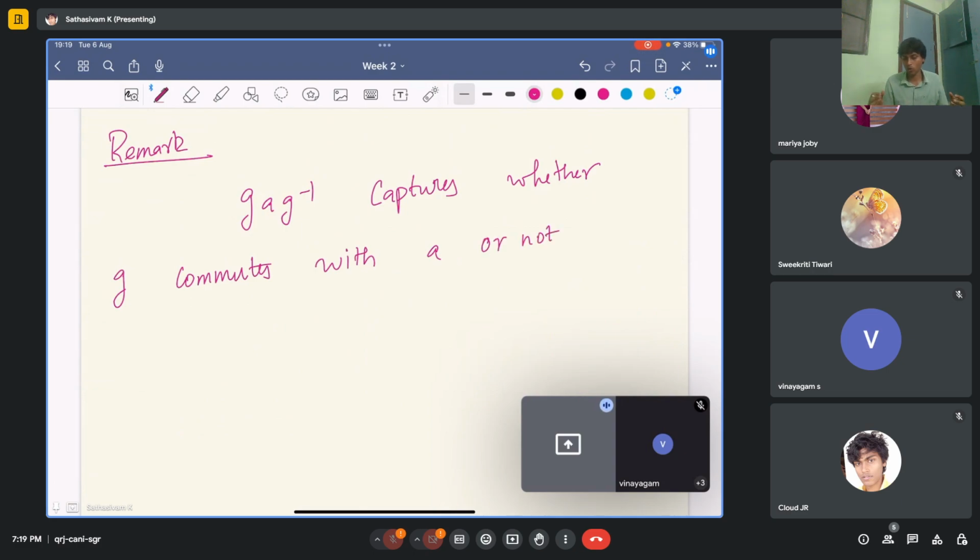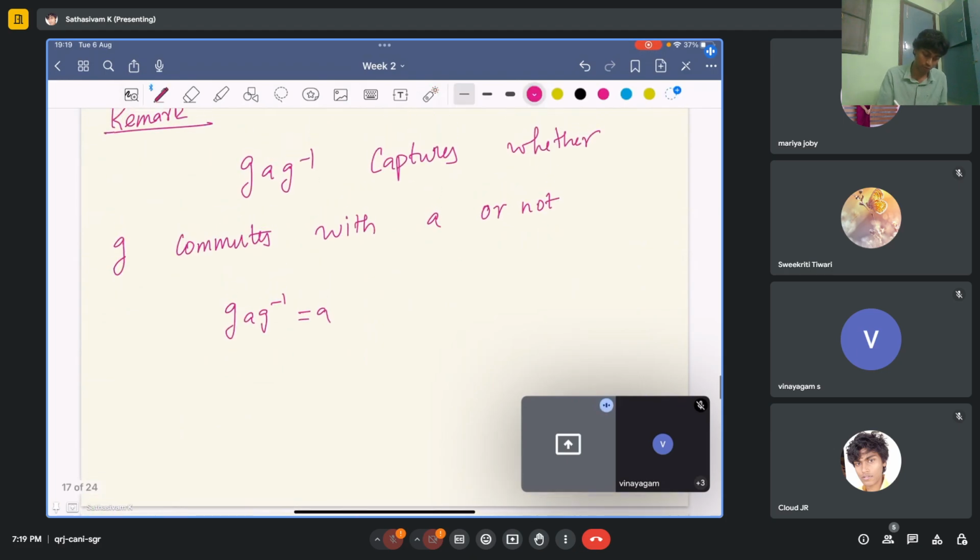So if you have a group in which every element commutes, then those groups are actually nice groups, because those groups you can easily study and you know how the groups look. But when two elements do not commute, that creates so many problems. And this particular element helps you to figure out whether g commutes or not. Okay, why? Suppose g commutes, then you have gag inverse equal to a, right? If this happens, then g commutes. Otherwise, g does not commute. Okay, so that is why we always work with these elements.